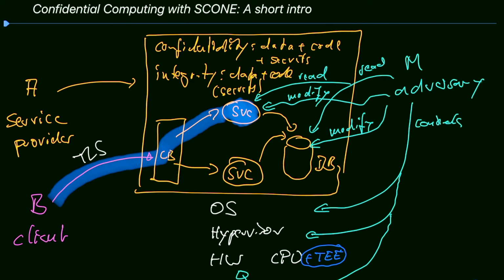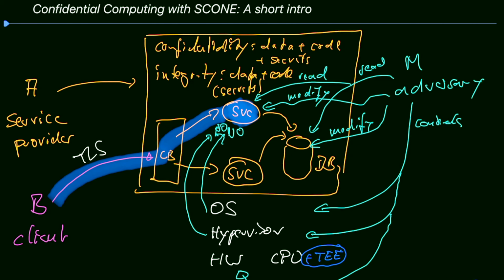And in this enclave, only the service can access this part, and the OS is not permitted to access this, nor is the hypervisor. So the operating system cannot access this part, the hypervisor cannot access this part, and therefore we can protect the service from accesses from Mallory.